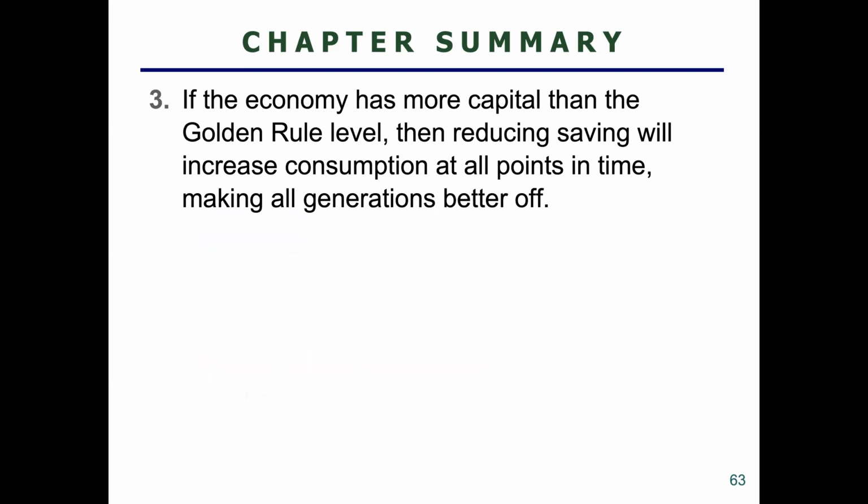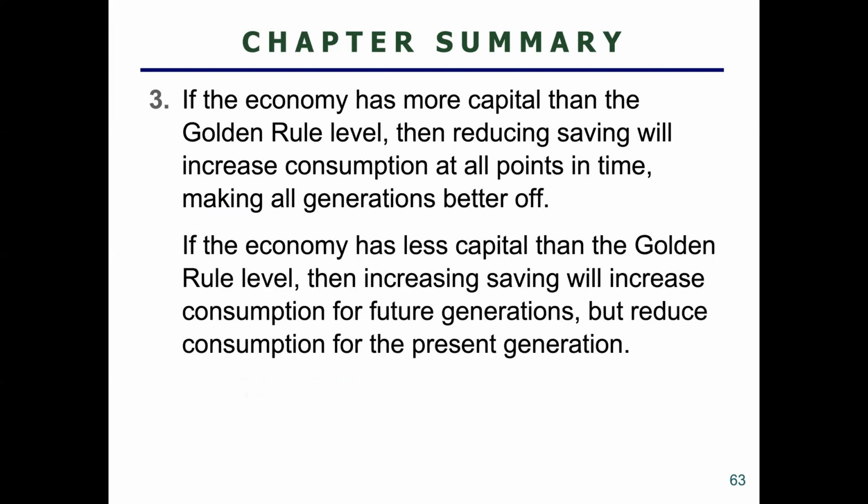If the economy has more capital than the golden rule level, then reducing saving will increase consumption at all points in time, making all generations better off. But if the economy has less capital than the golden rule level, then increasing saving will increase consumption for future generations, but reduce consumption for people right now. And that's it.